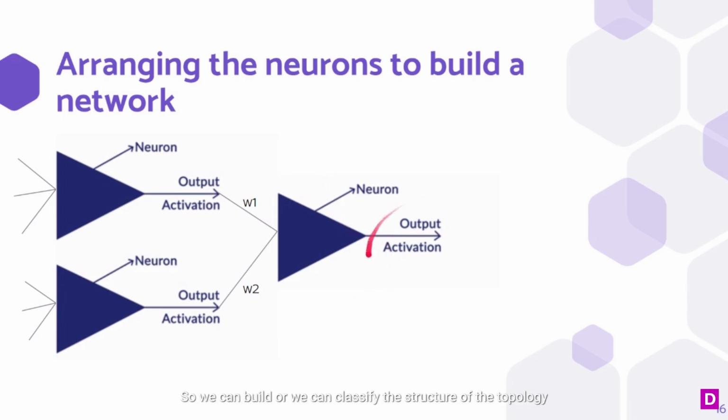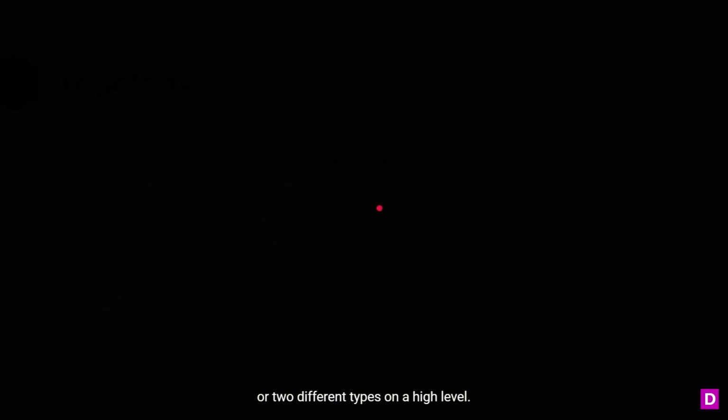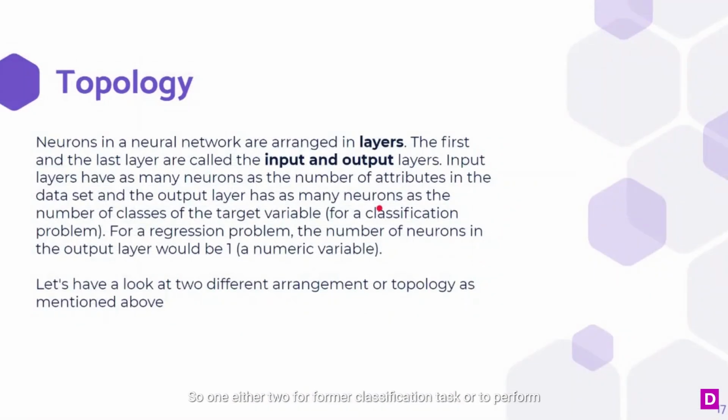So we can classify the structure or topology of the arrangement of neurons into two different types on a high level: one to perform a classification task, or another to perform a regression task.